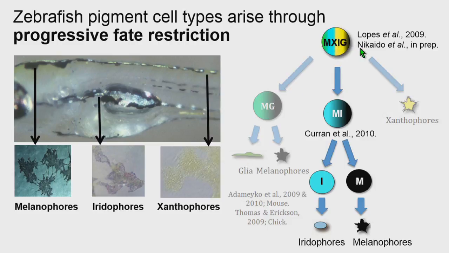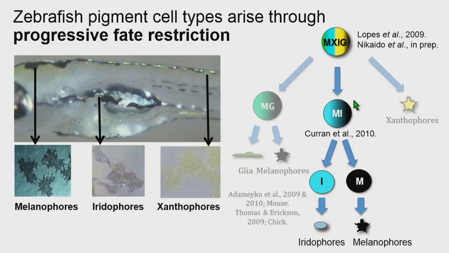And currently in the group, we're in the process of characterizing the chromatoglioblast. This is a neural crest-derived tetrapotent progenitor that, undergoing partial fate restriction processes according to the progressive fate restriction model, can give rise to the different differentiated cell types, not only chromatophores, but also glia cells.